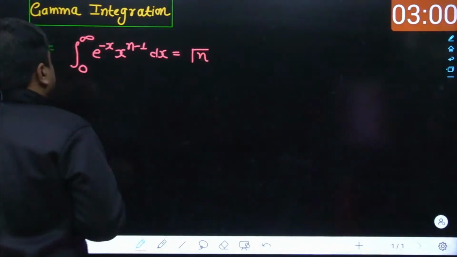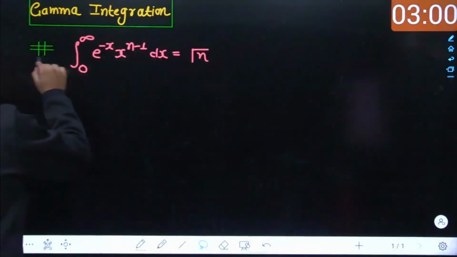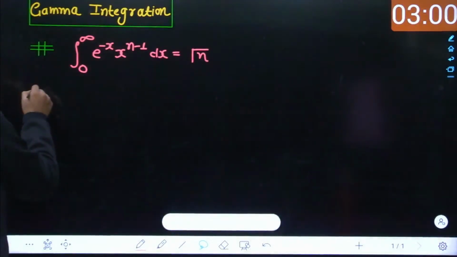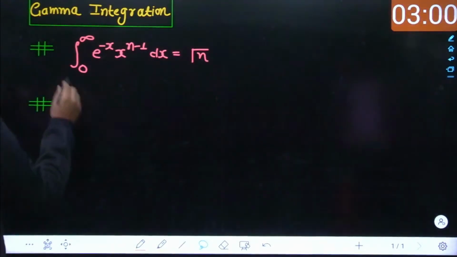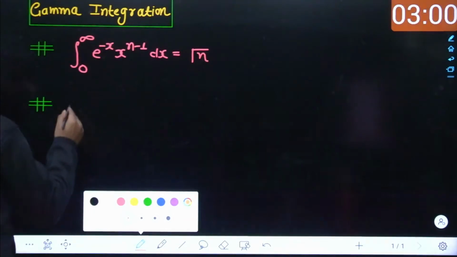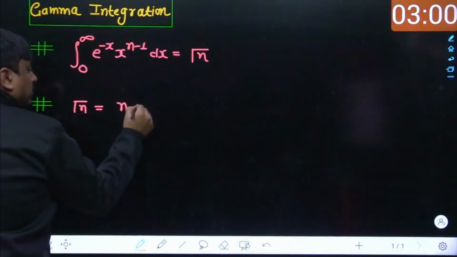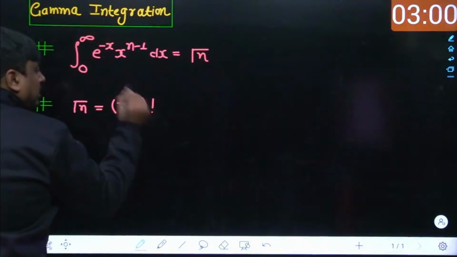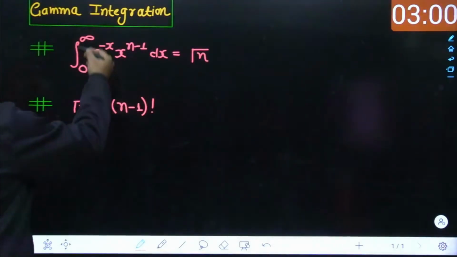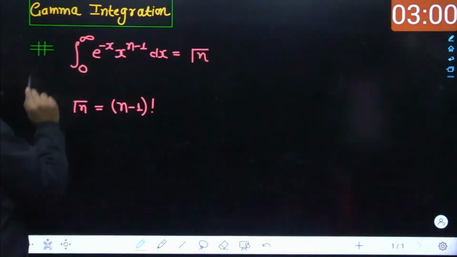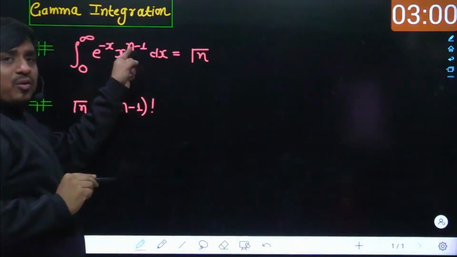Anyways, sir, what is this gamma of n? Gamma of n is equal to n minus 1 factorial. Like if I take an example, the integration from 0 to infinity, e to the power of minus x, x to the power of 3 dx.